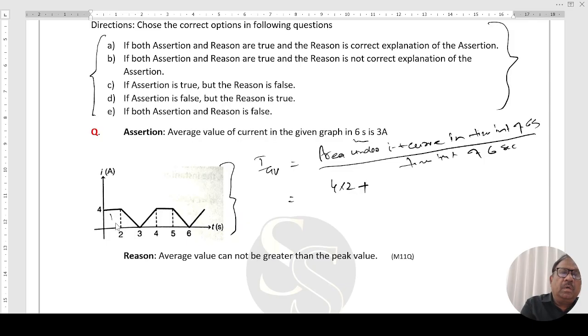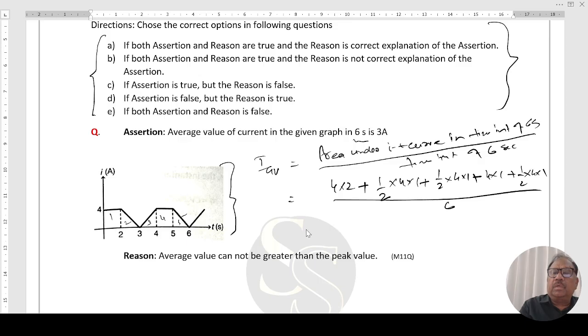So this is 1, 2, 3, 4, 5. 5 here is there. Plus 1 by 2, 4 into 1, plus 4 into 1, plus 1 by 2, 4 into 1, plus 4 into 1, plus 1 by 2, 4 into 1, divided by 6 seconds. ये 1 का हो गया, ये 2 का हो गया, ये 3 का हो गया, 4 का हो गया, 5 का हो गया.